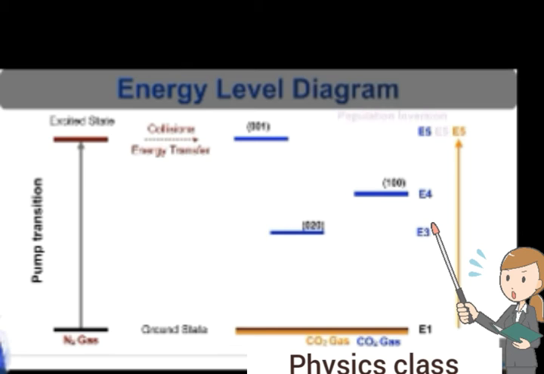Random photons are emitted spontaneously by a few atoms at the energy level E5. The spontaneous photons traveling through the gas mixture promote stimulated emission of photons. The photons bounce back and forth between the end mirrors, causing more and more stimulated emission.